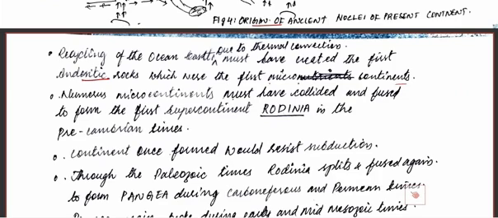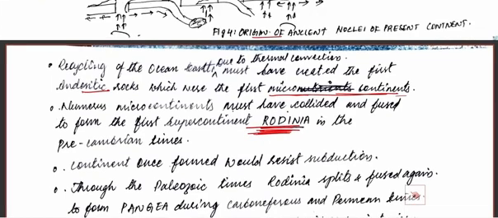Microcontinents, that we can say as microcontinents. Numerous microcontinents must have collided and fused to form the first supercontinent, Rodinia. Initially, we say this as Rodinia in the pre-Cambrian times.